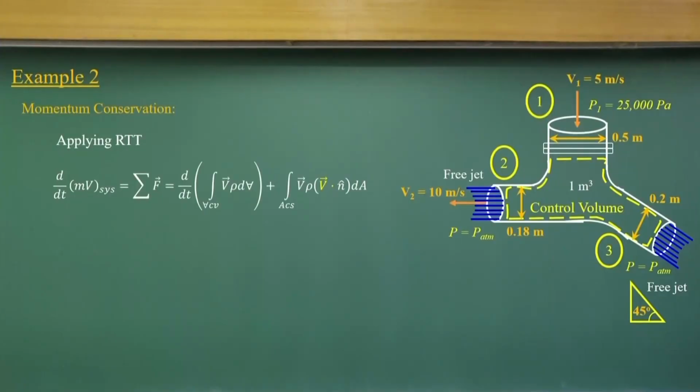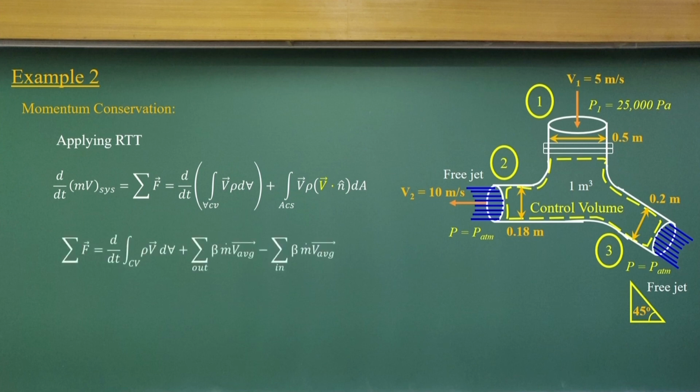Now I apply the momentum conservation equation for this control volume. First I write the control volume equation, the Reynolds transport theorem, and then I simplify it. Again it is a steady problem, and I look at the momentum flux in and out, assuming beta is equal to 1. Our objective now is to compute the force components.